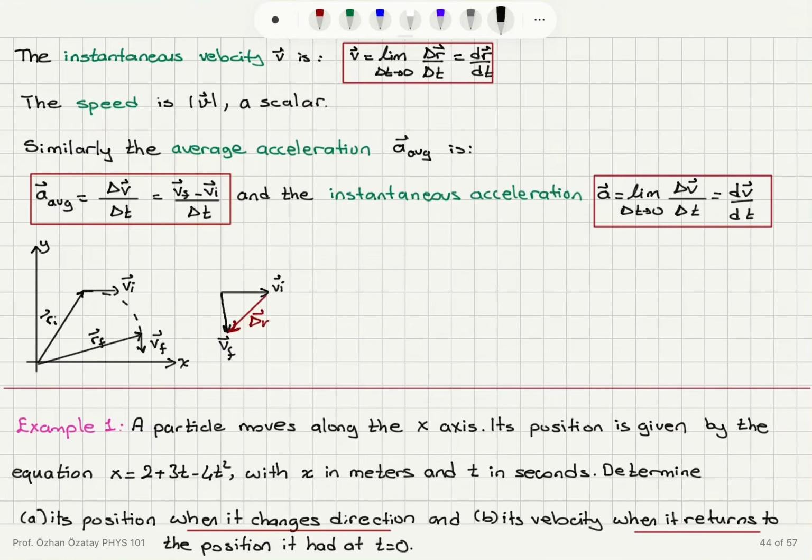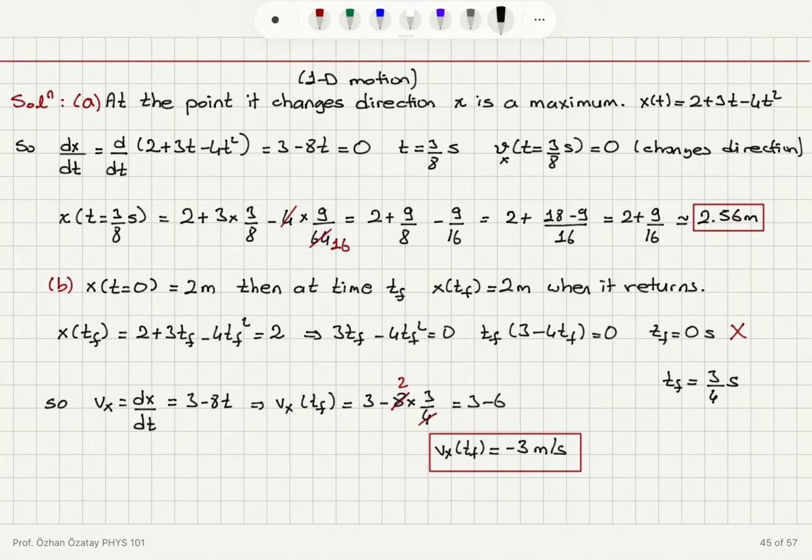Okay, so to summarize, we've looked at an example for a one-dimensional motion where we know the position as a function of time. We wanted to determine its position when it changes direction, and a particle will change its direction when its velocity is 0, or the position will reach an extremum for the one-dimensional motion, and its velocity when it returns back to its original position.